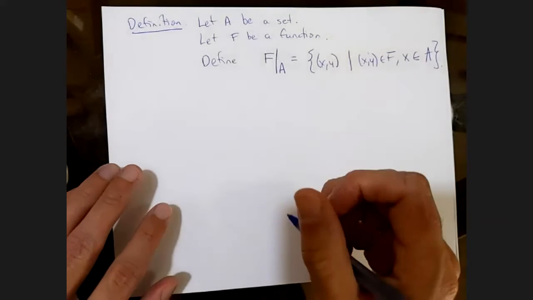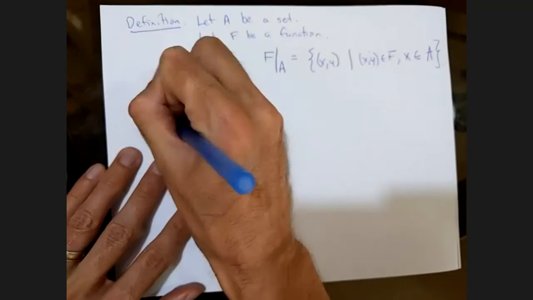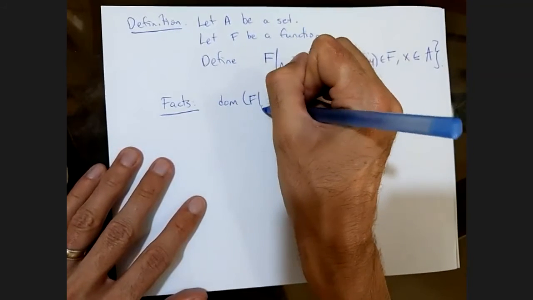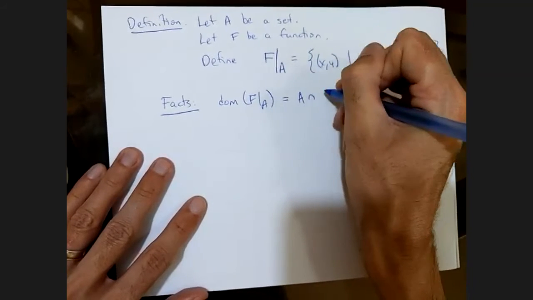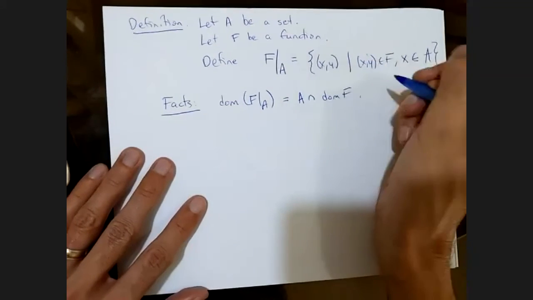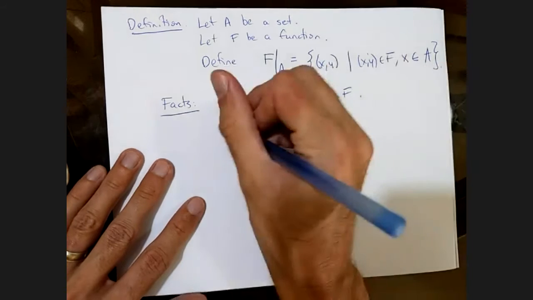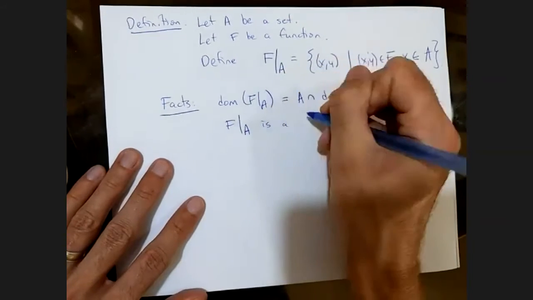And we can just write a few facts about the restriction. The domain of the restriction is just A intersected with the domain of F. And F restricted to A is a function.